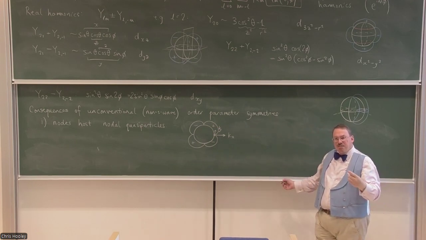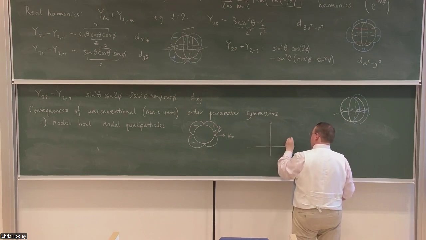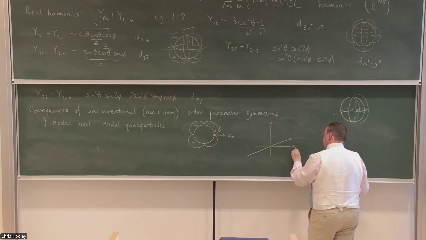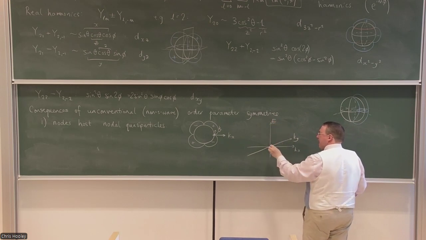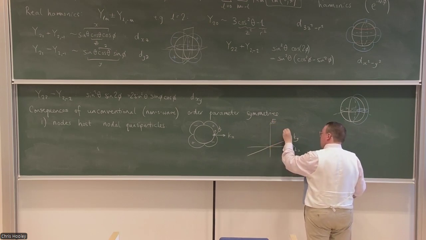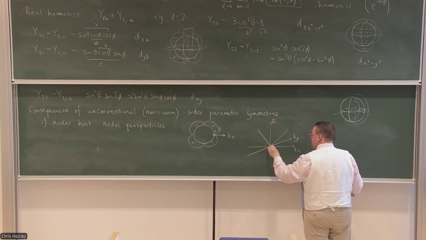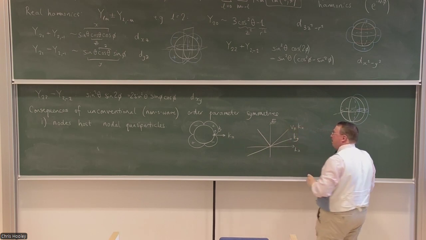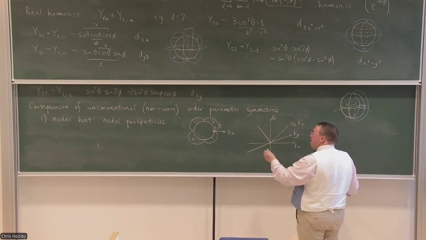So going in the Kx direction, let's draw this with the origin chosen to be the nodal point. I have an approximately linear dispersion whose slope is set by the Fermi velocity of the underlying metal. That's just the same dispersion that you have without pairing because you don't have any pairing.